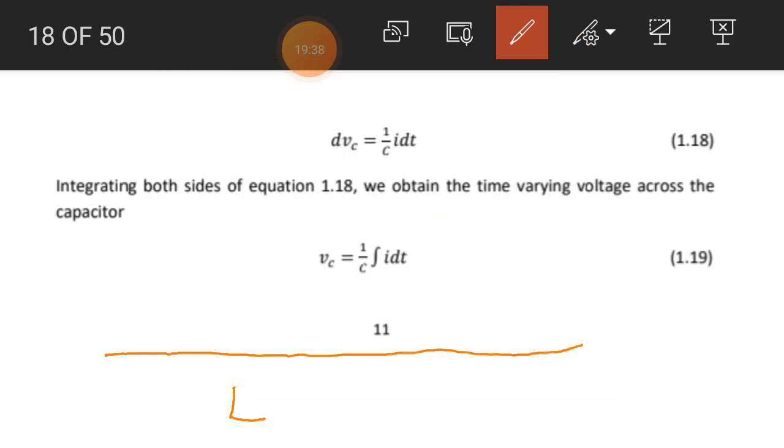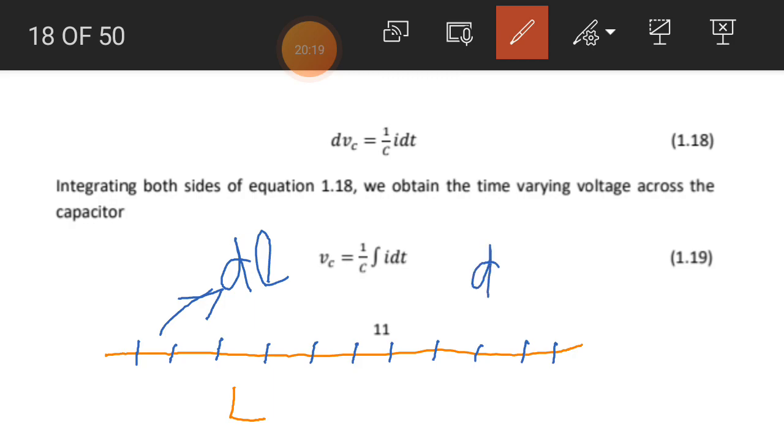And I divide this line into a very large number of very small segments. Each small segment is represented by dl. This is a very small segment of this line, and this segment is so small.